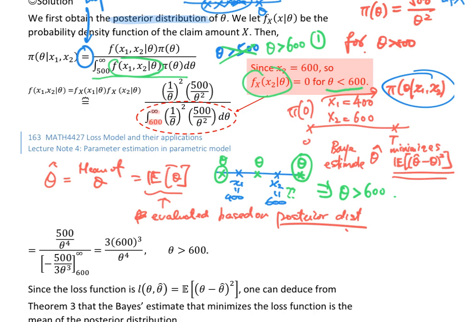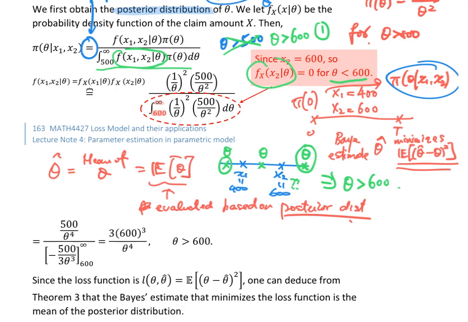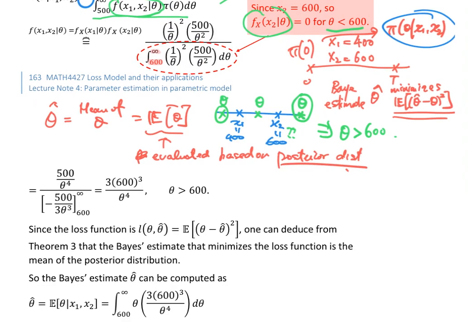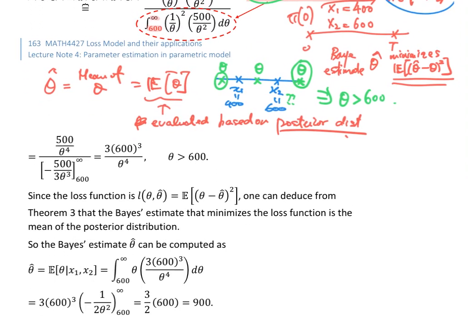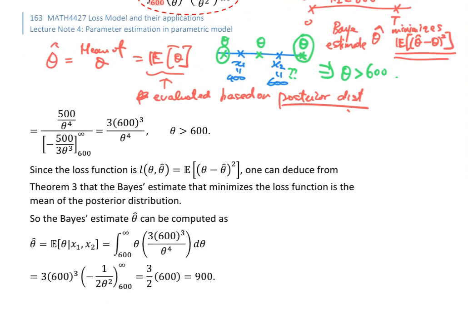Then you just compute this integral and do some algebra carefully, and this will be our final posterior distribution. After you get this posterior distribution, remember, your Bayes estimate of theta is the mean of theta evaluated under this posterior distribution.